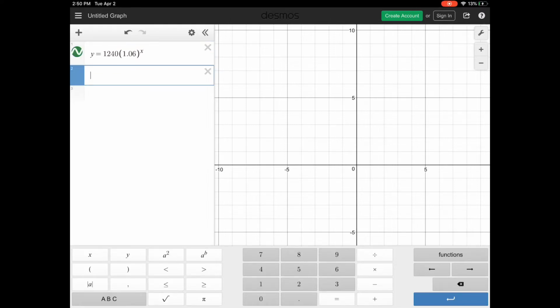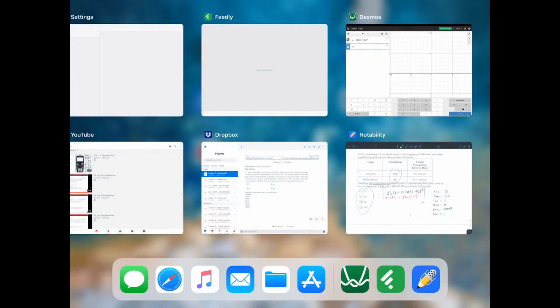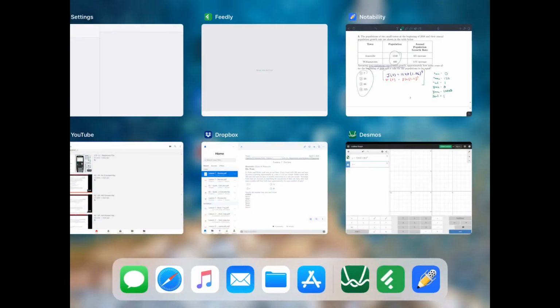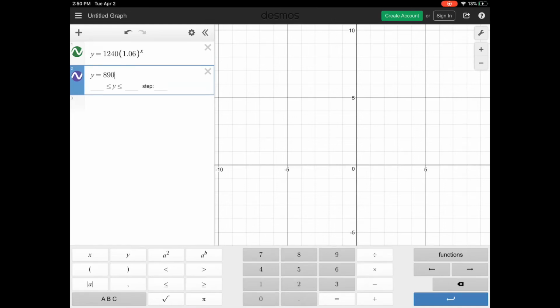And then over here you'd have your second equation, y equals 890 times 1.11 to the x power. And just like we said, the values are so large, they don't appear on the screen.